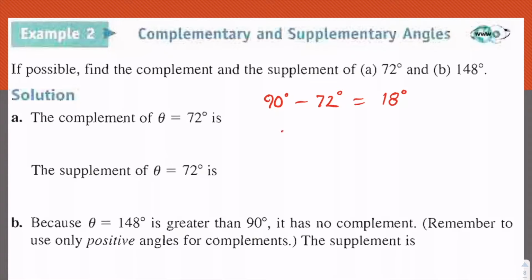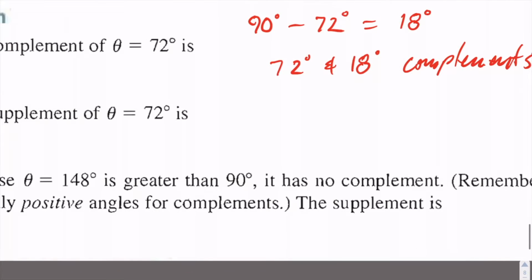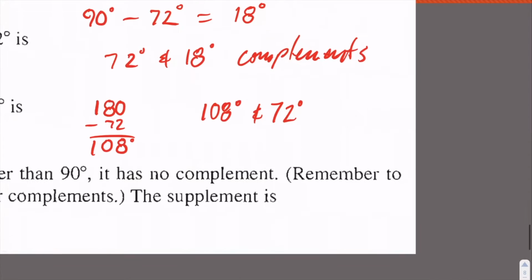So 72 degrees and 18 degrees are complements. The supplement of 72 we can find by subtracting 72 from 180. So 180 minus 72 gives me 108 degrees. That makes 108 and 72 supplements.